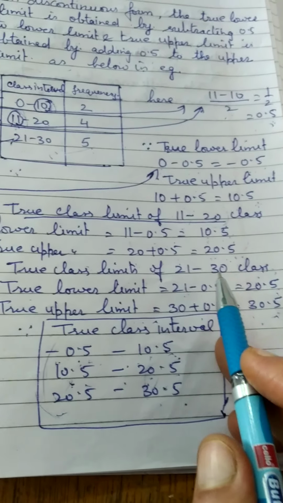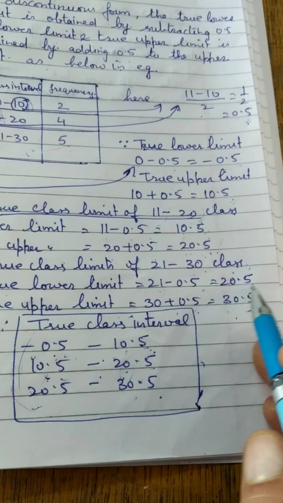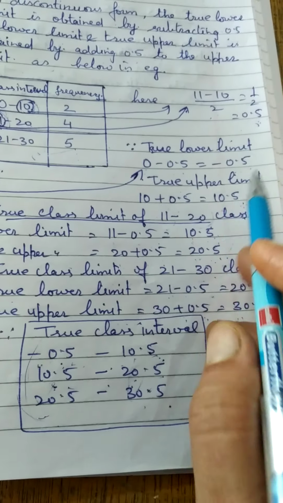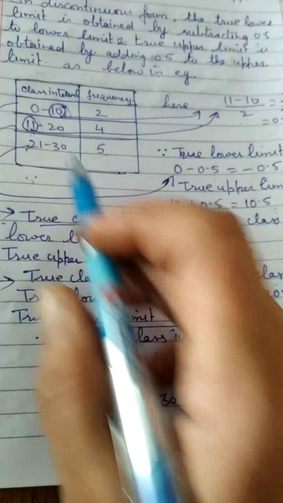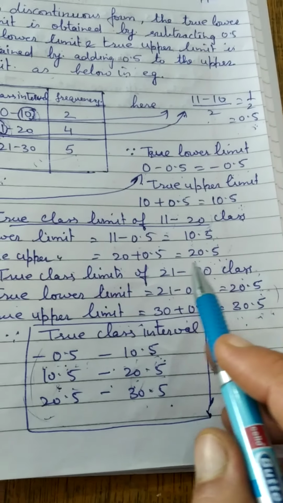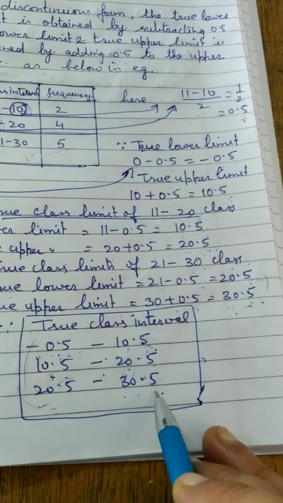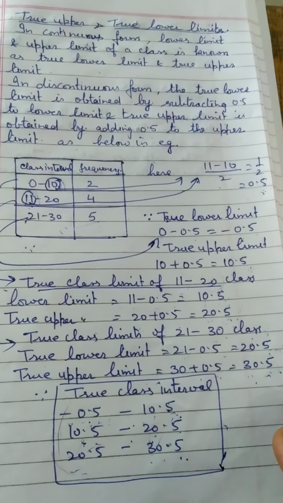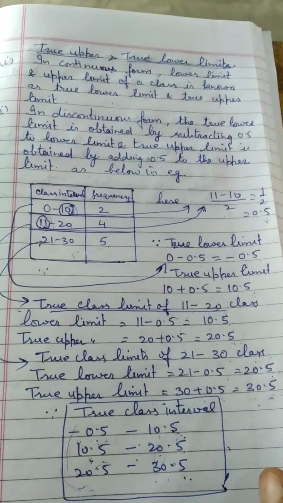Therefore, this discontinuous class interval that was 21 to 30 will be converted into 20.5 to 30.5 as the continuous class interval. Now what we have got, the continuous class intervals from the discontinuous class intervals, are minus 0.5 to 10.5, then 10.5 to 20.5 and then 20.5 to 30.5. This was about how we convert a discontinuous class interval into a continuous class interval.